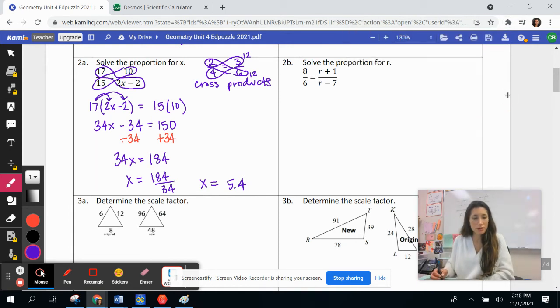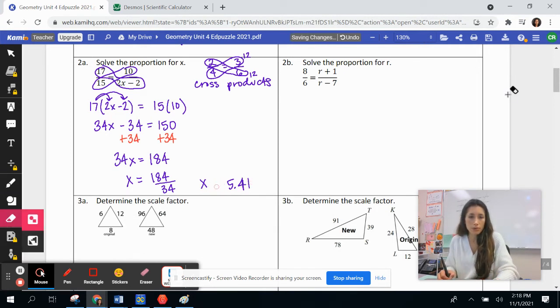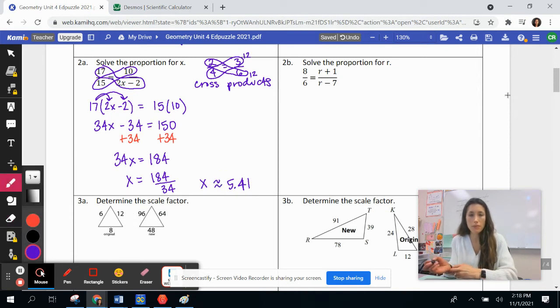Okay, just wanted to make sure that was right. So we got 184 divided by 34. It is correct. It's 5.4, about 5.41. And since it's not an exact answer, I would make these approximates. There we go. Okay, go ahead and solve question 2b. What was your solution for R?